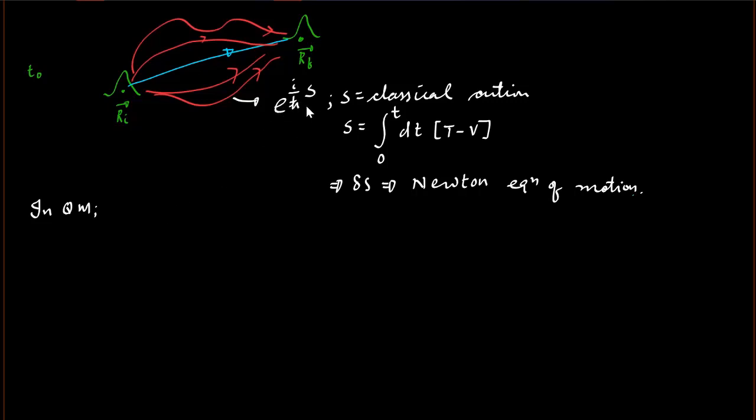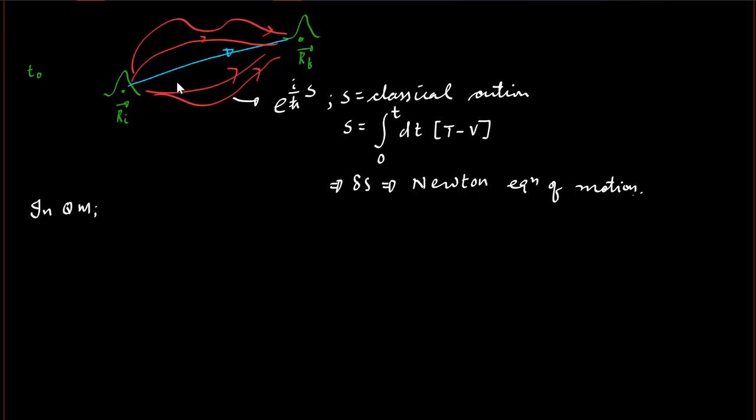So I can write the probability of going from the state R_i to the state R_f for the quantum particle as the sum over all possible classical paths.